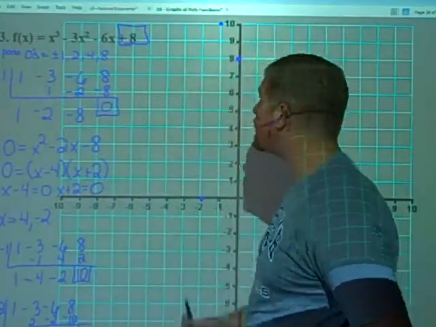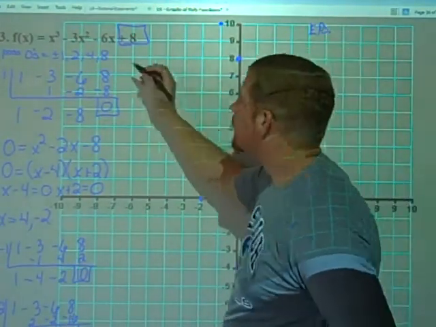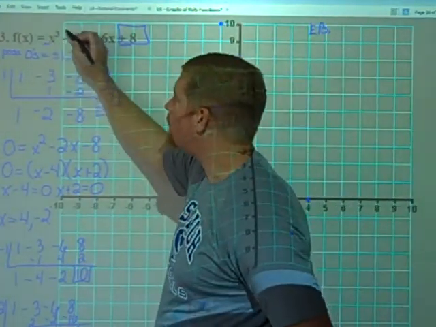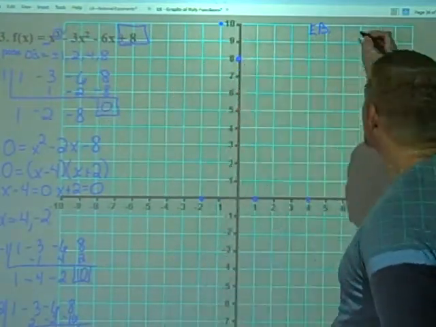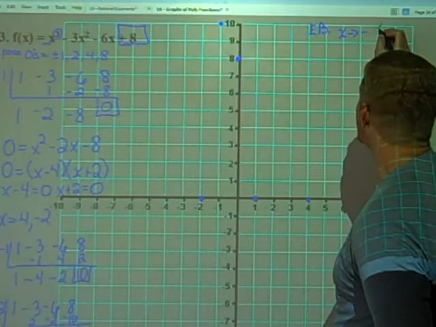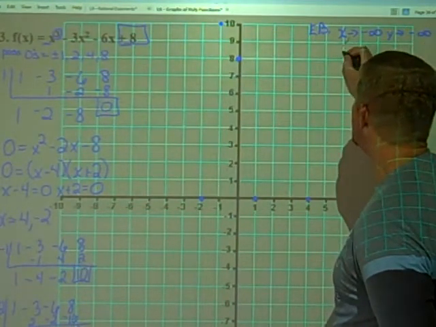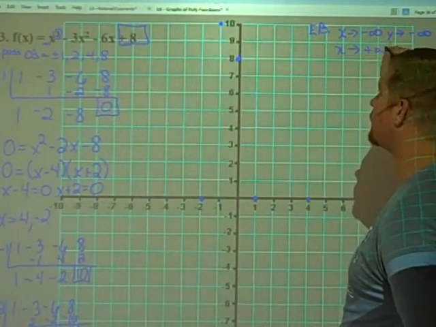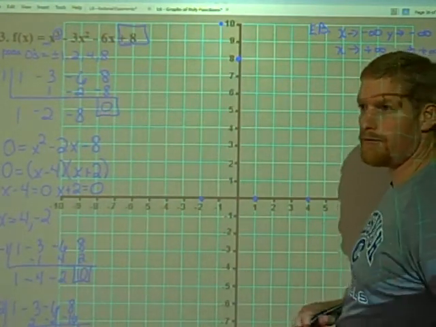All right, let's go to end behavior. My leading coefficient is positive. My exponent is odd. So, like the last one, as x approaches negative infinity, y approaches negative infinity. As x approaches positive infinity, y approaches positive infinity.